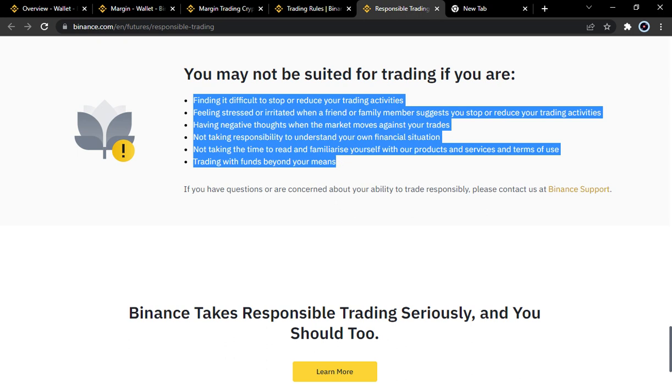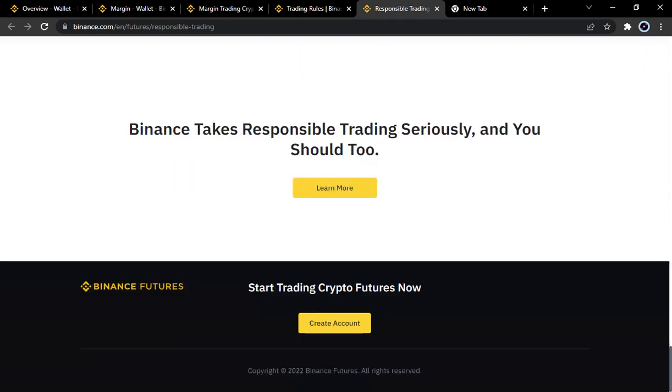Other signs are having negative thoughts when the market moves against your trades, not taking responsibility to understand your own financial situation, and not taking the time to read and familiarize yourself with our products and services and terms of use. Also, trading with funds beyond your means. You should take note of this.